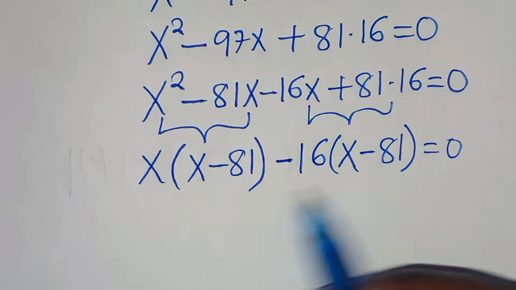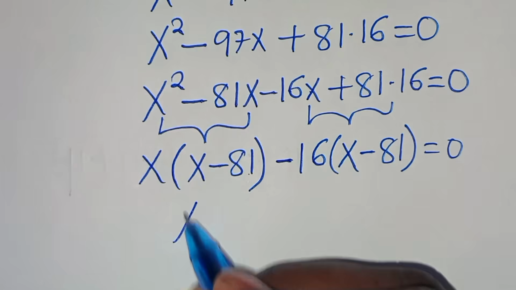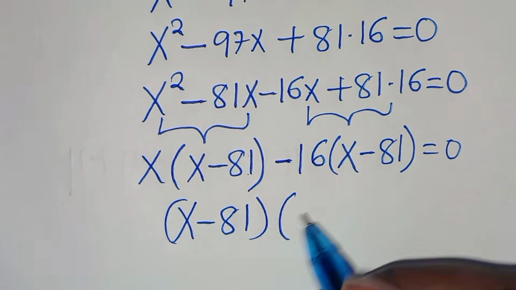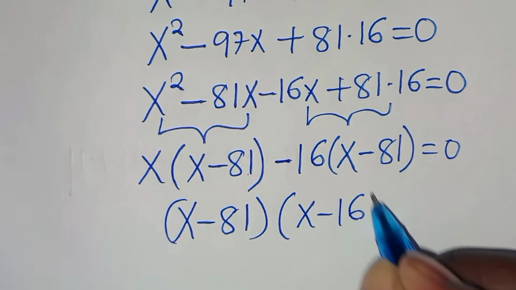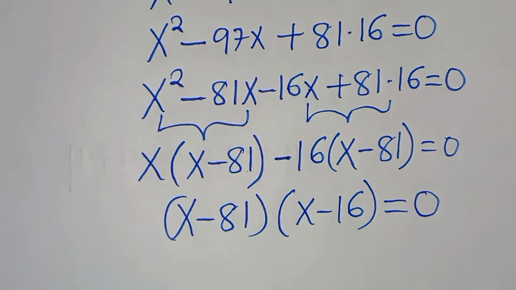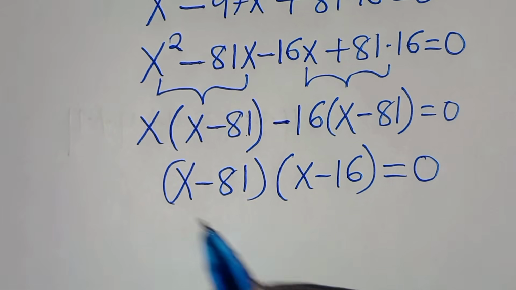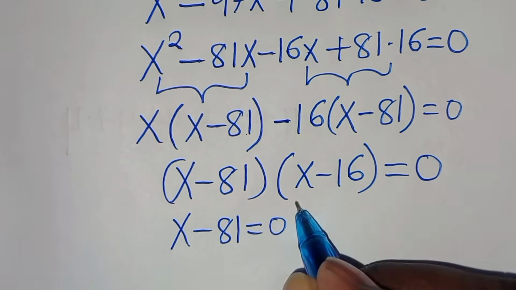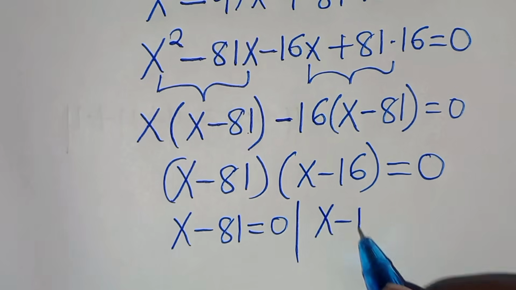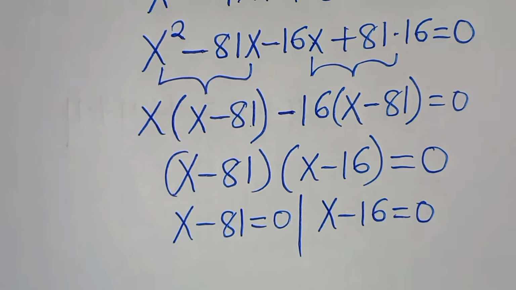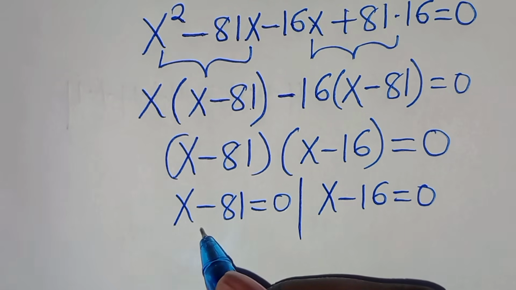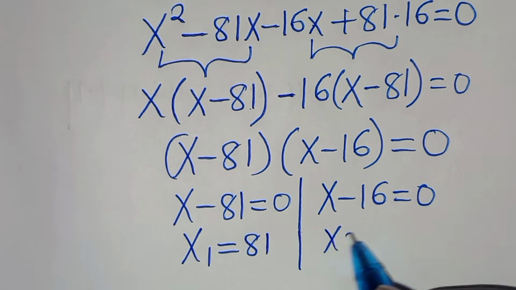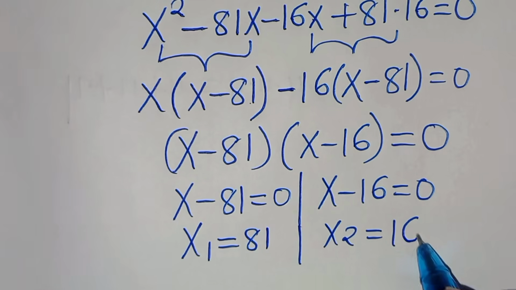So x minus 81 is common here, so we factor out x minus 81, and we have x minus 16, equal to 0. So we have two parts here. We have x minus 81 equal to 0, and x minus 16 equal to 0. So now we have x1 is equal to 81, and x2 is equal to 16.